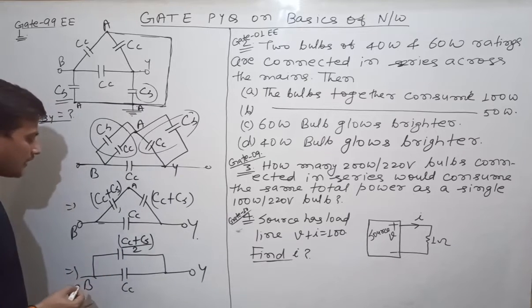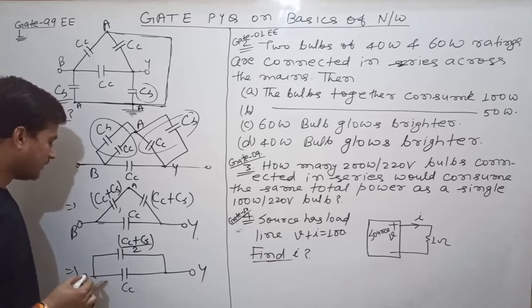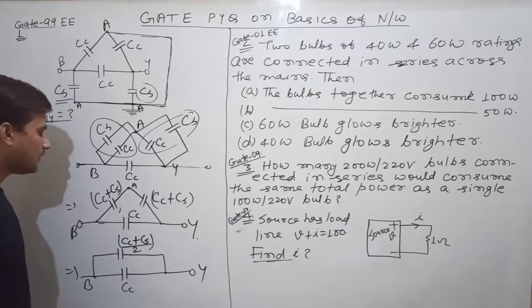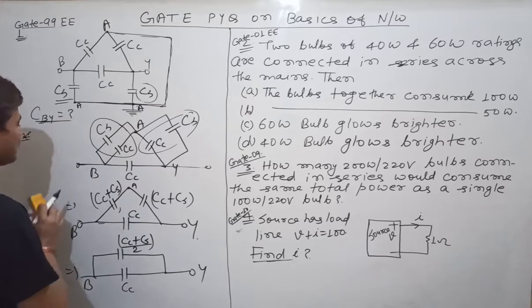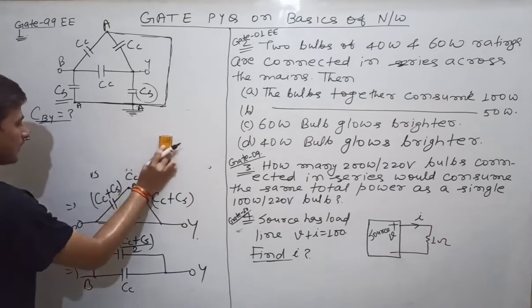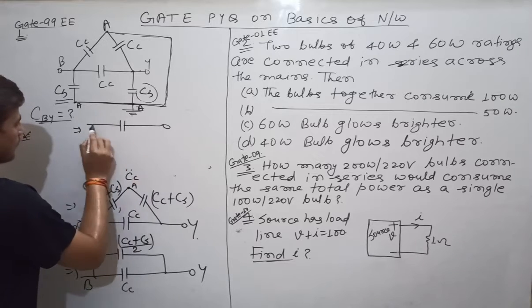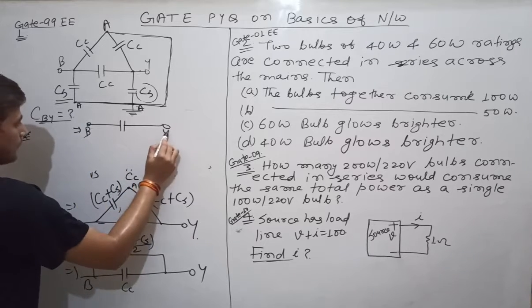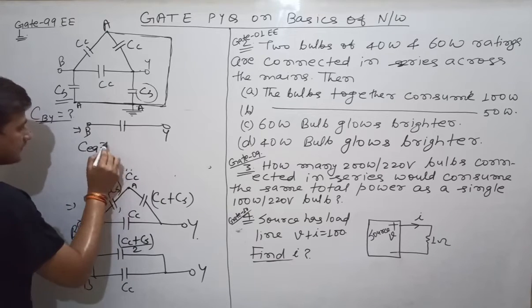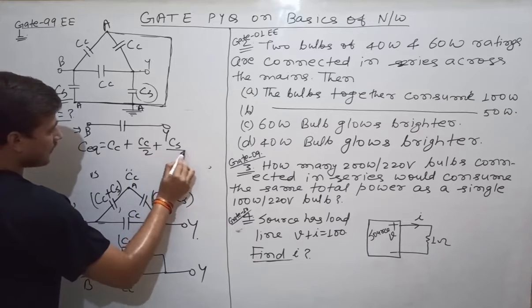Now you have to find the equivalent capacitance. So here these two branches are connected in parallel. So when these two branches are connected in parallel, what will be the value of equivalent capacitance? Equivalent capacitance between B and Y, C equivalent, will become equal to CC plus CC by 2 plus CS by 2.